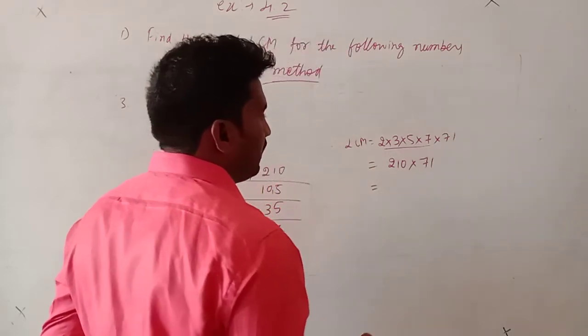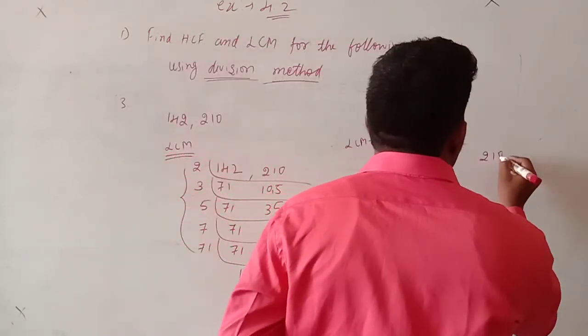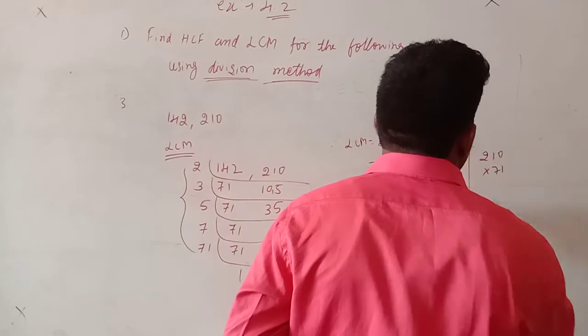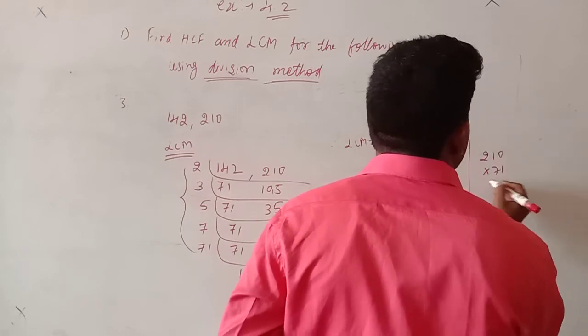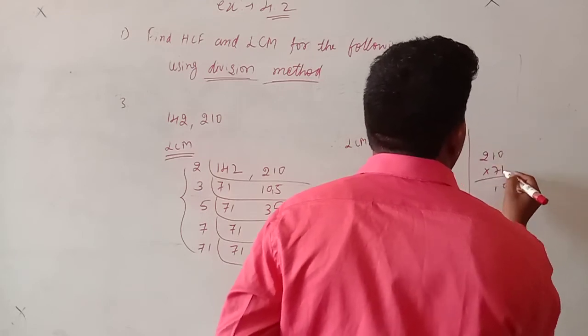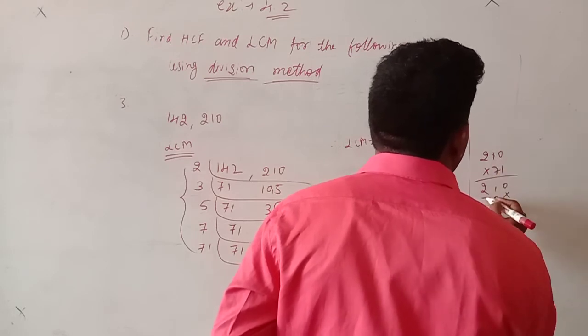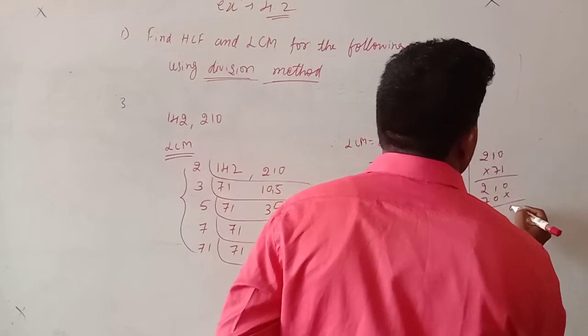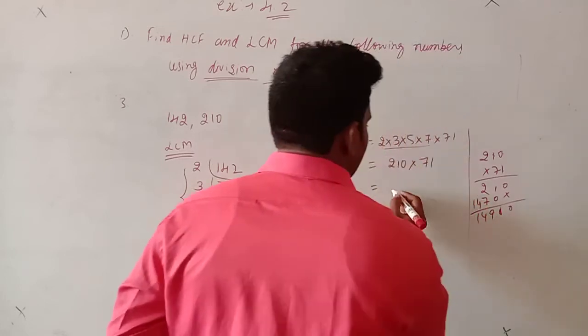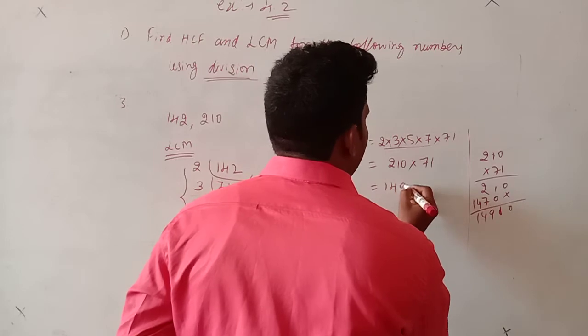So when we multiply 210 into 71, what do we get? 0, then 1, then 2, 7 zeros are 0, 7 ones are 7, 7 twos are 14. So we get 1, 4, 9, 1, 0.